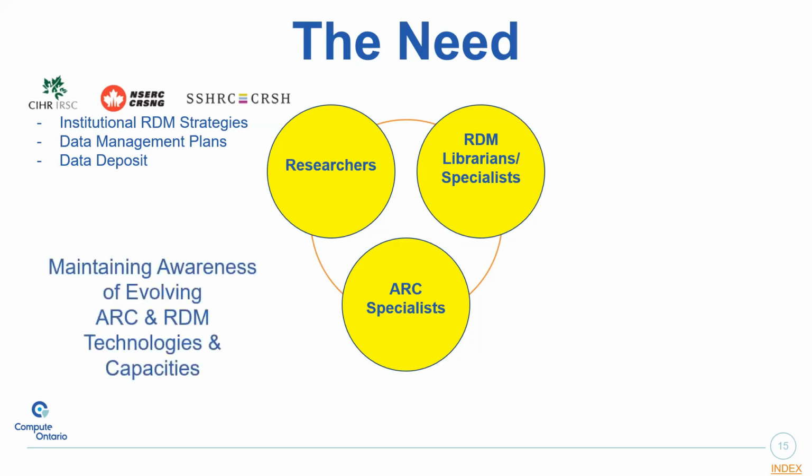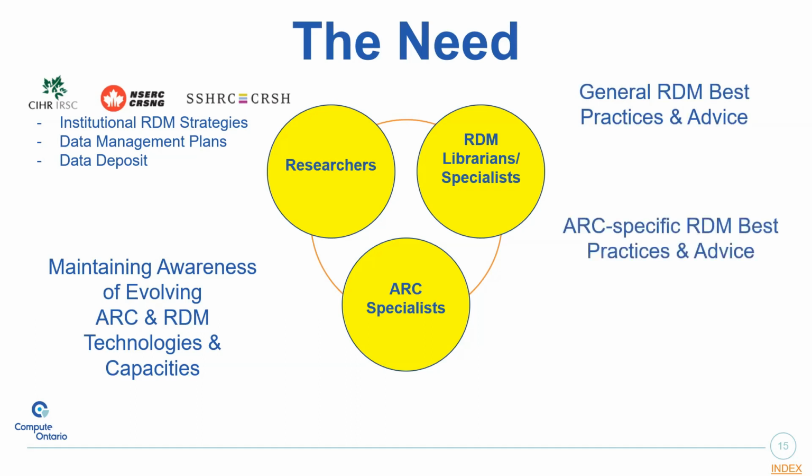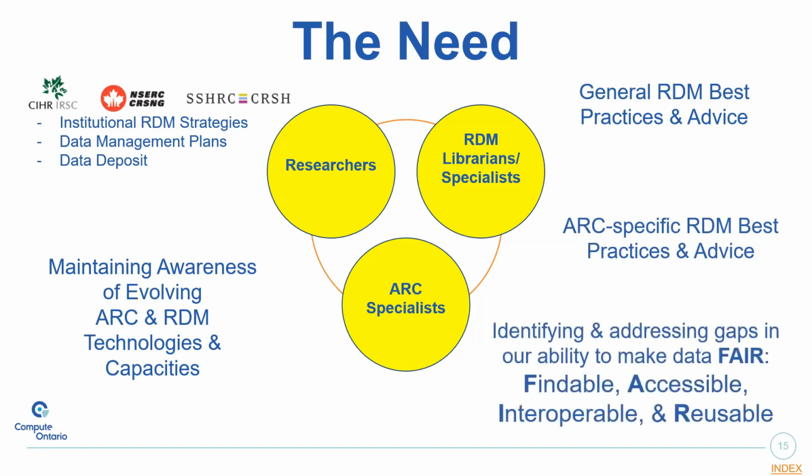Additionally, there is a need to maintain awareness of evolving ARC and RDM technologies and capacities, need to develop and convey general RDM best practices and advice, as well as ARC-specific best practices and advice, and identifying and addressing gaps in our ability to make data fair, findable, accessible, interoperable, and reusable.